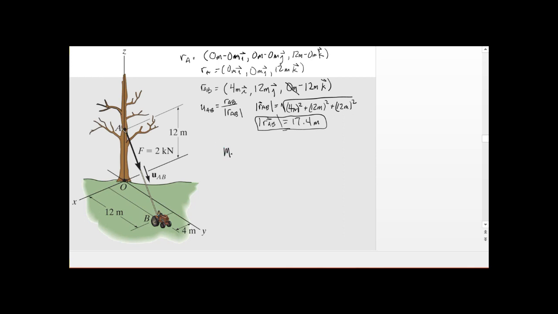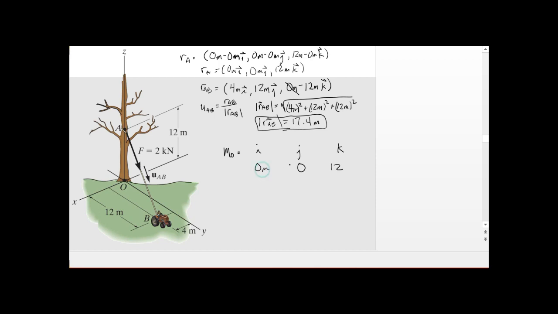So the moment is equal to, okay, and I'm just trying to make this a little bit larger here. We can see we need to have RA, the components of RA. So that's 0, 0, and 12. And then we need the force vector after that.